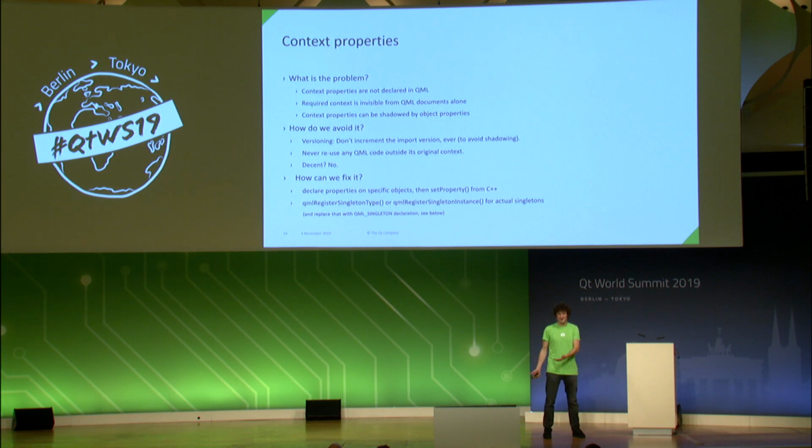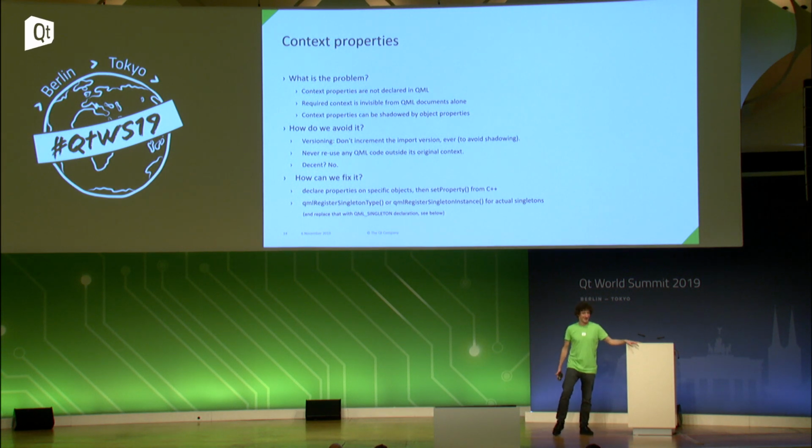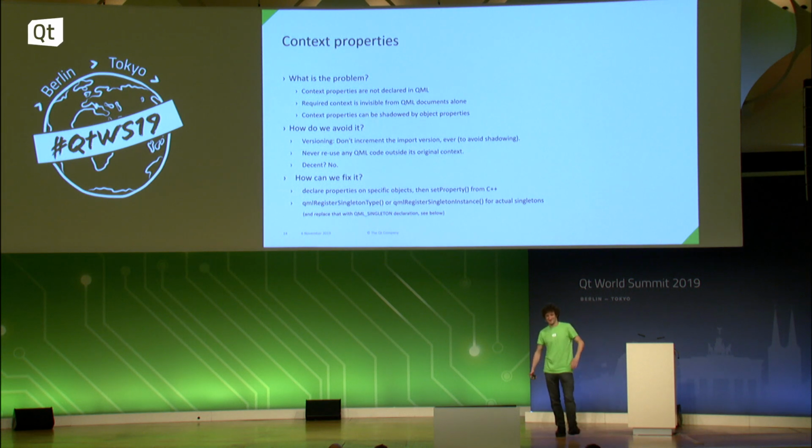And then context properties can also be shadowed by object properties, not only of the object itself, but also of the root object of the component. And on top of that, of any root object outside of the component, but let's talk about that later.